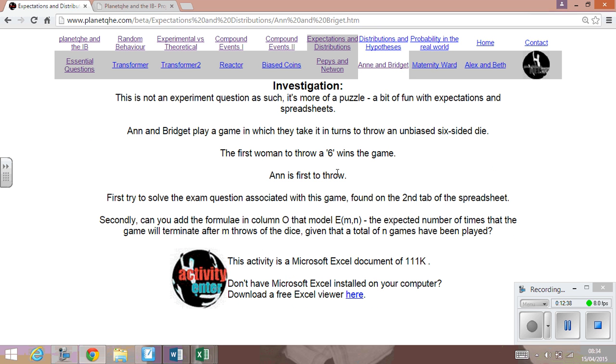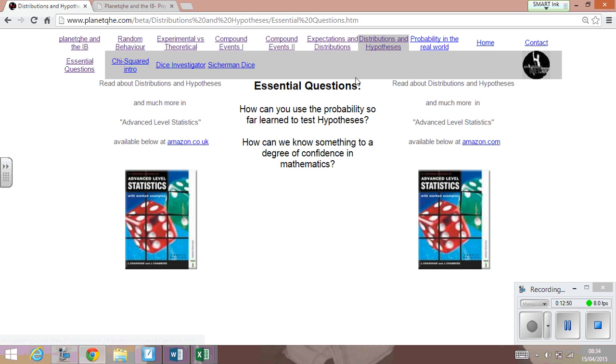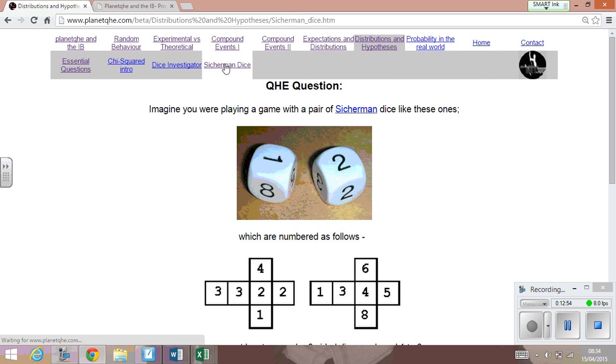This one here is a really difficult one. I've no idea what the answer is, although it starts off with something easy. It's based on a dice game. This one is based on Sicherman dice, which are different to the non-transitive dice.